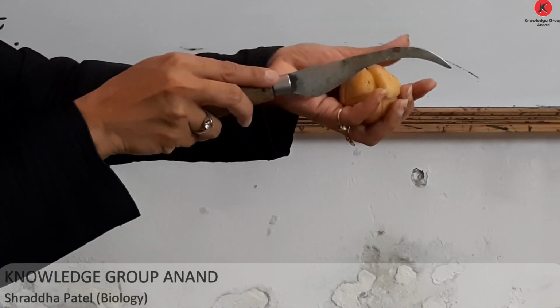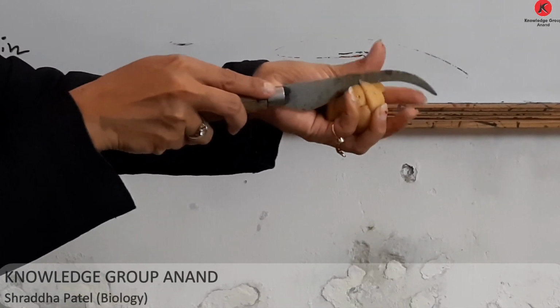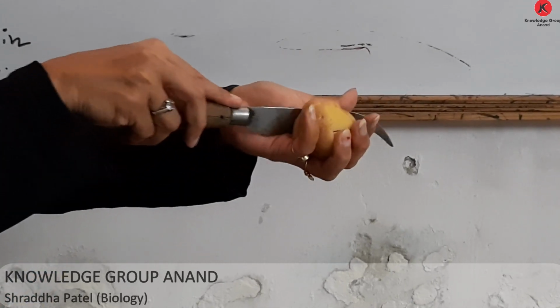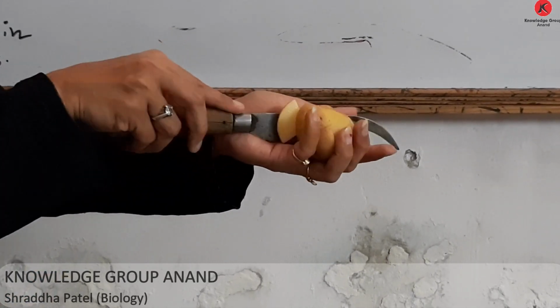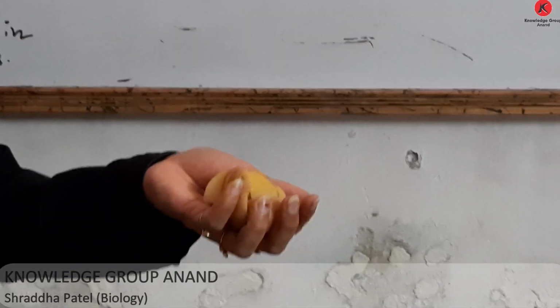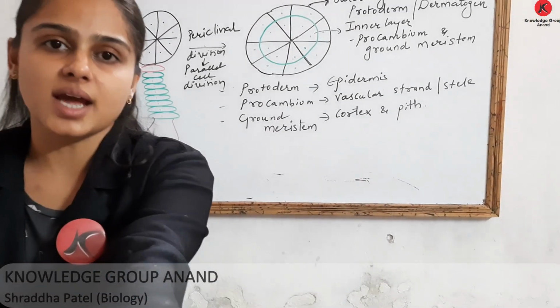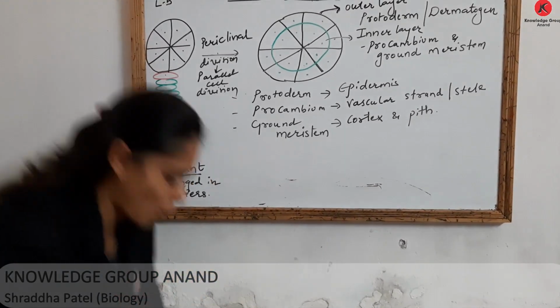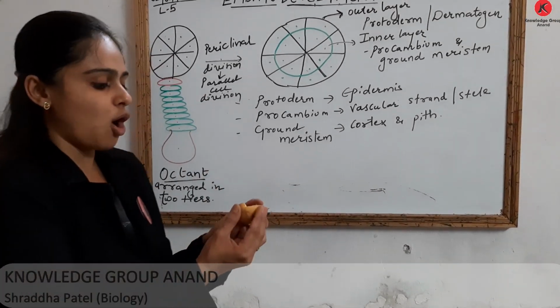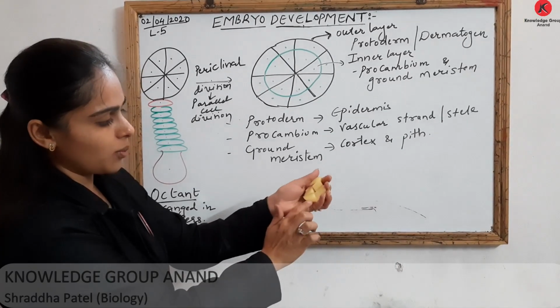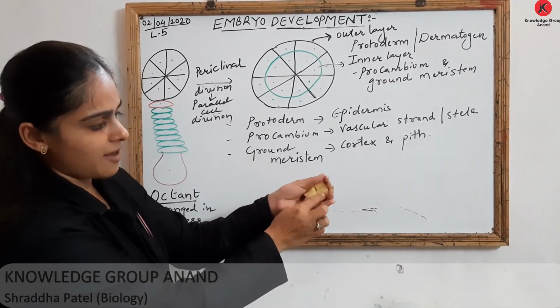So over here, upper one, and this thing. This results in formation of your upper 8 cells. Am I clear? 1, 2, 3, 4, 5, 6, 7 and 8.